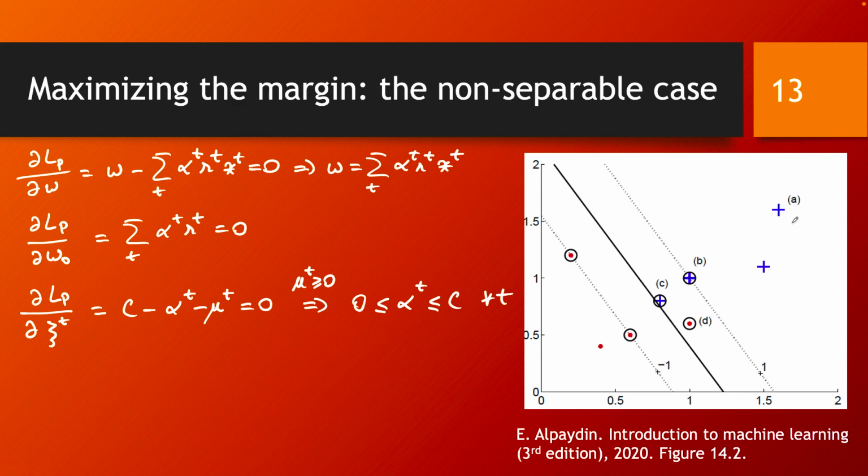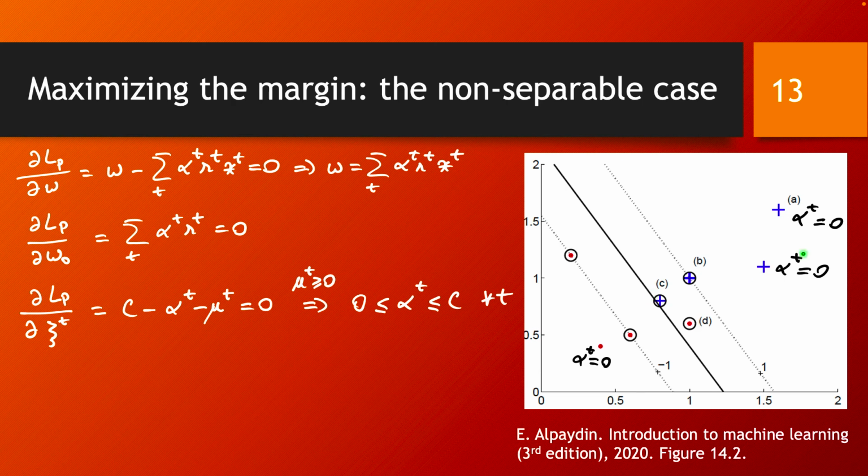And the discussion now is very similar to what we had before. All of these data points that are correctly classified will get their alpha t to be equal to 0. So for many of them, most of them hopefully, this alpha t is going to be equal to 0. And so when we take a look at how this solution, the optimal hyperplane, is defined, we realize that in this sum, even though it looks like there will be a contribution from all the data points, in fact you will only have contributions from those data points that are sitting within a margin or inside these margins.